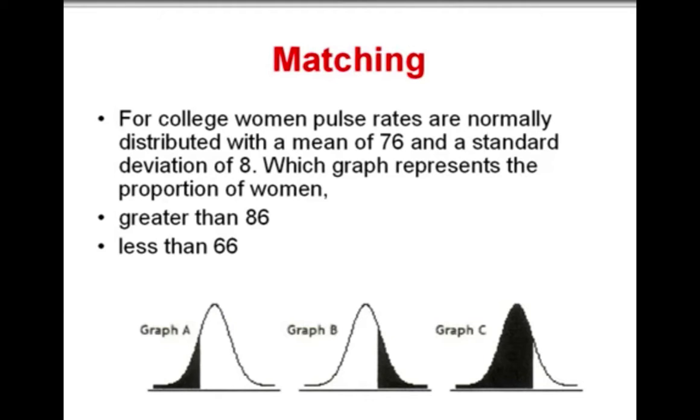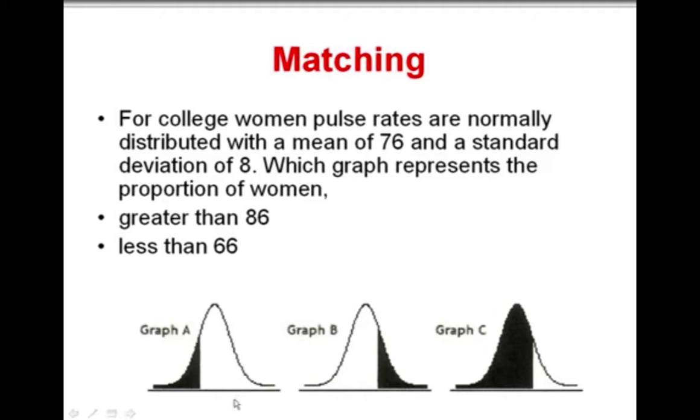The pulse rates of women are normally distributed with a mean of 76 and a standard deviation of 8. Which graph represents the proportion of women with a pulse rate greater than 86?